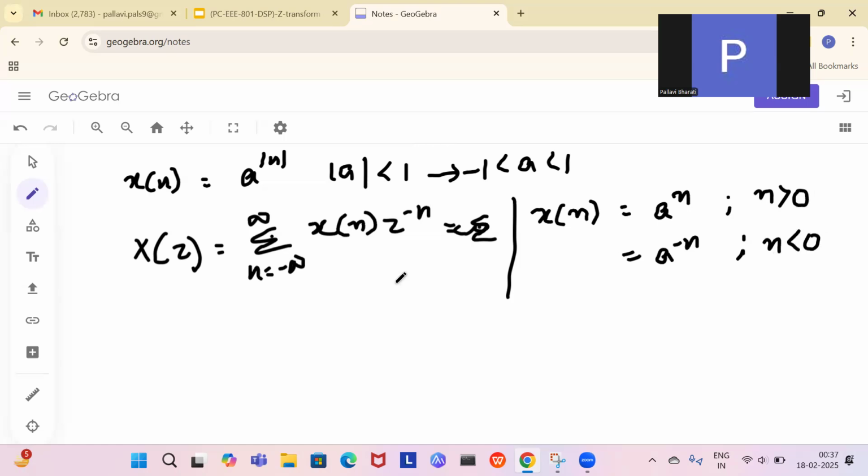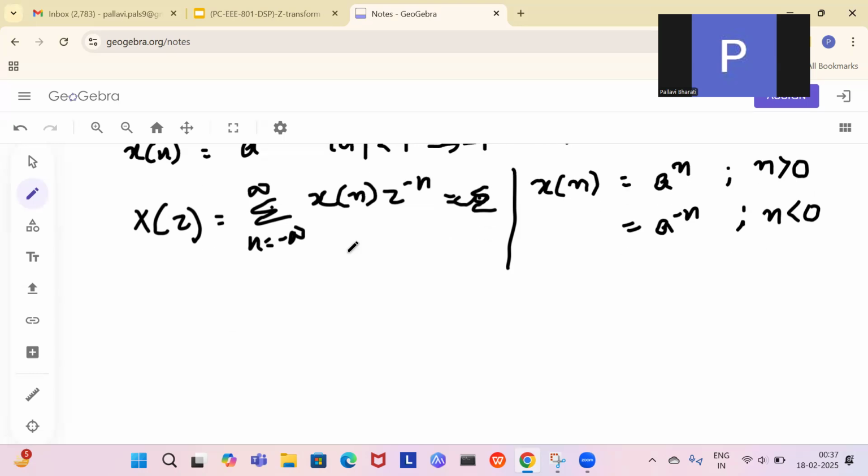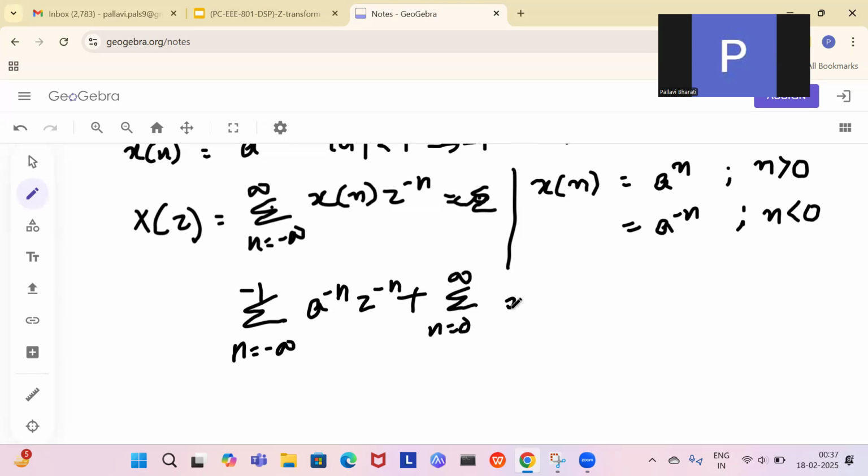So now if I am breaking this summation, from n equals minus infinity to minus 1, that means all the minus terms we are putting together, it is going to be a to the power minus n, z to the power minus n. And for the other one, from n equals 0 to infinity, it is going to be a to the power n, z to the power minus n.